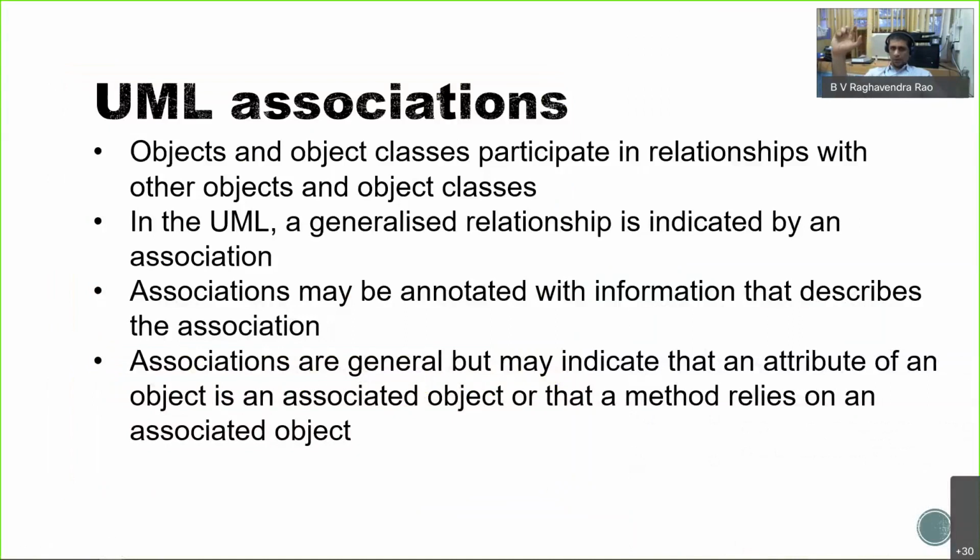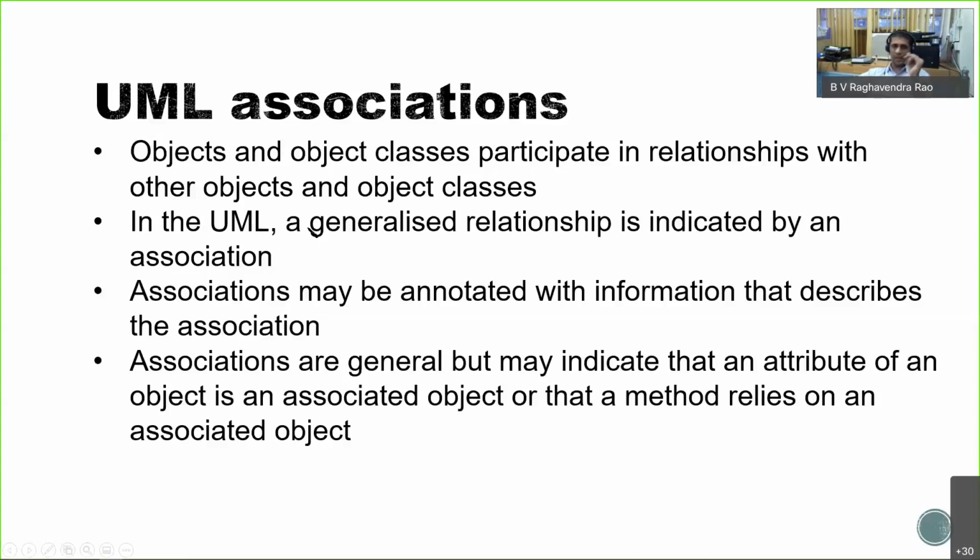Like I had mentioned, object-oriented design essentially spells out different classes or class objects, and then the interactions between them. In UML, this is called association. If you have multiple classes, the relationships among them are called UML association, or class association.